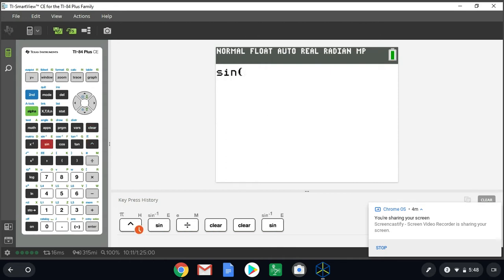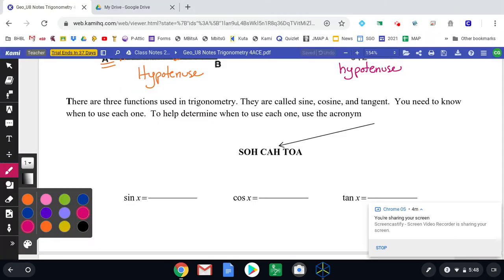Notice how sine opens up something. That's your hint that there has to be something in the middle. So whenever we say the sine of x, x is always representing an angle. So we have sine, S-I-N-E, of x.